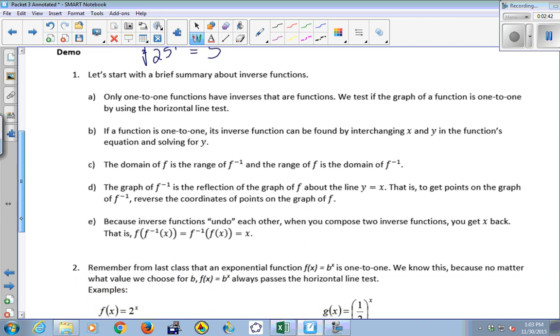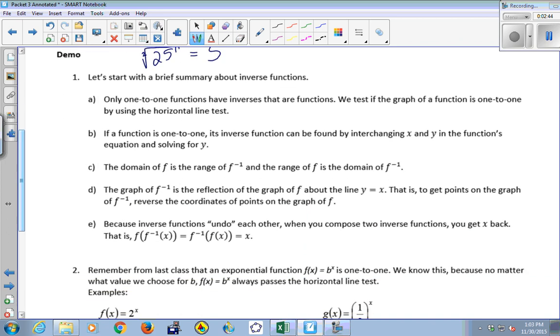All right, so a little summary about inverse functions. We're going to be talking about inverse functions today of exponentials. Only one-to-one functions have inverses that are also functions. To test if a graph of a function is one-to-one, you can use the horizontal line test. If a function is one-to-one, that means its inverse function can be found by interchanging x and y in the function's equation and solving for y.